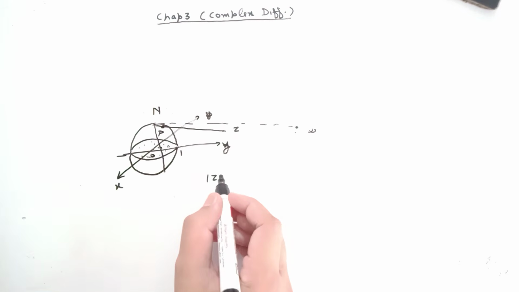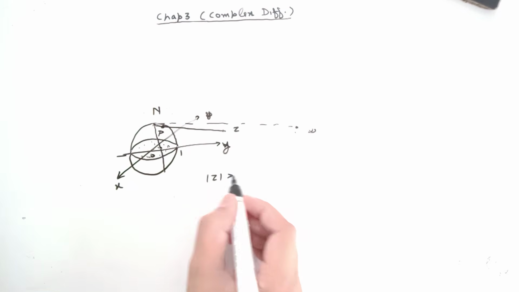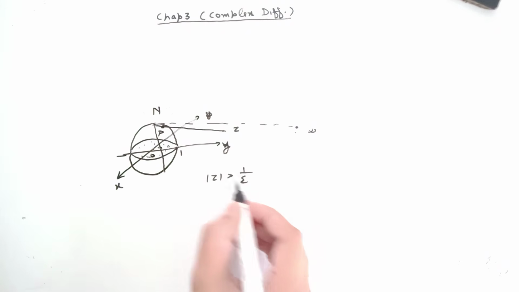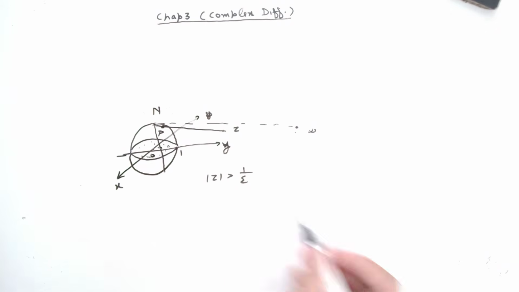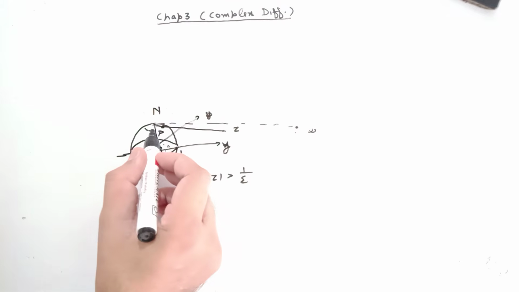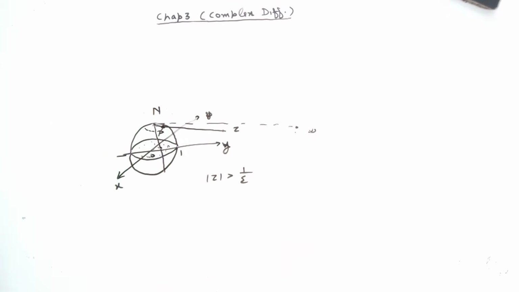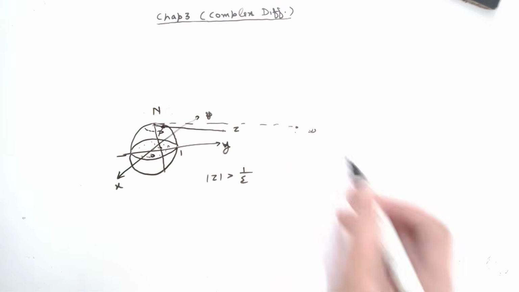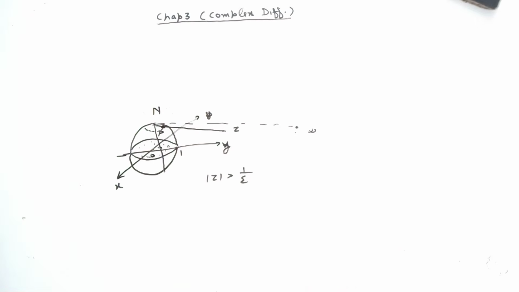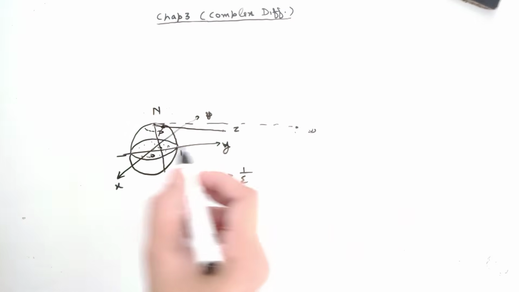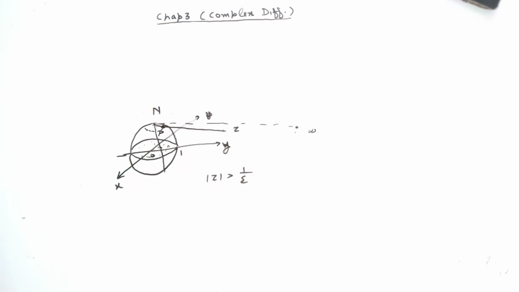So this way we can define neighborhood of infinity also. When epsilon goes to 0, epsilon is very small, then it corresponds to points on this sphere around n, points which are far away in the complex plane corresponds to closer to the point n on the sphere.